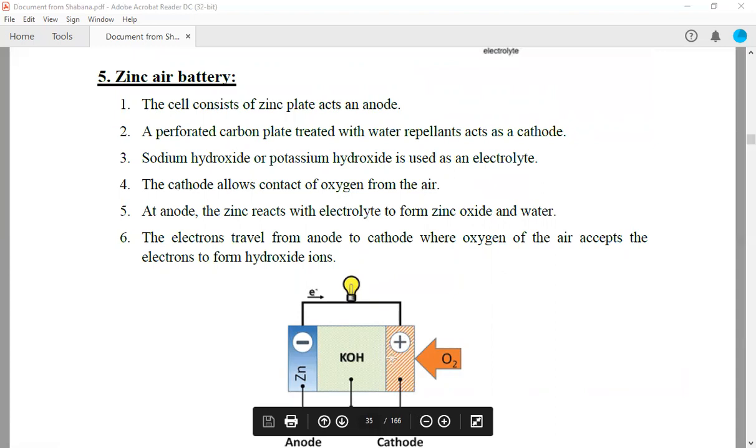This is a carbon plate having perforations with water repellents, and it acts as a cathode.